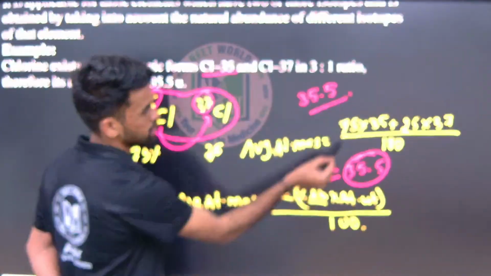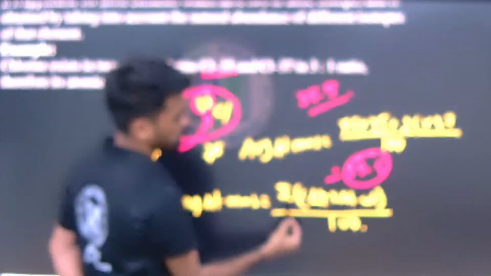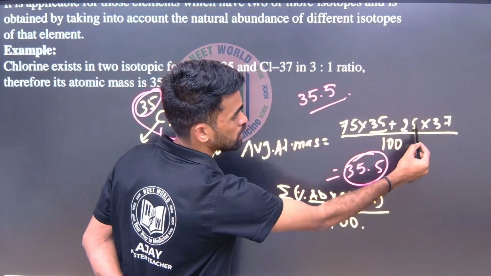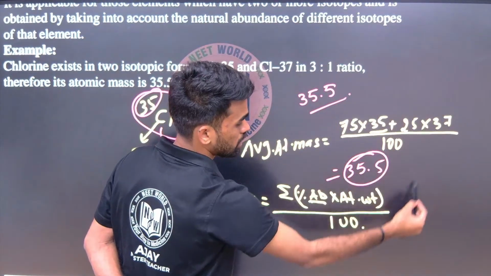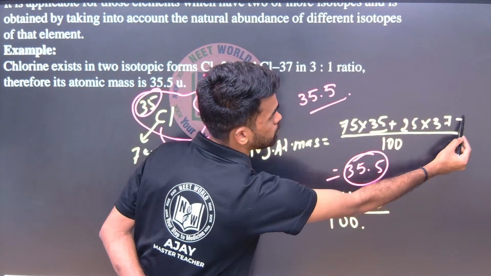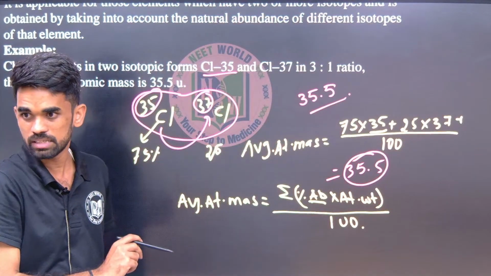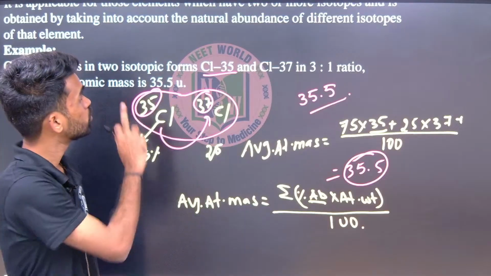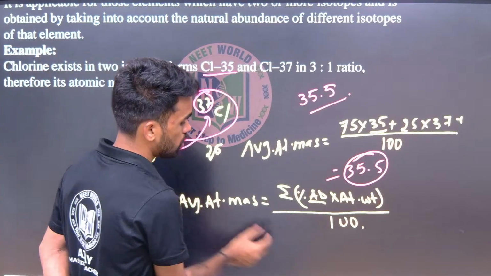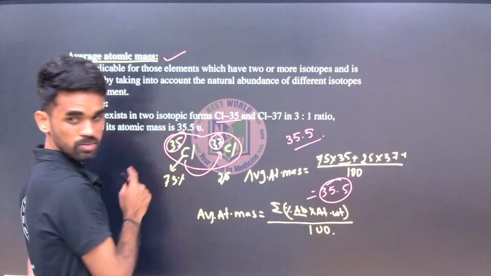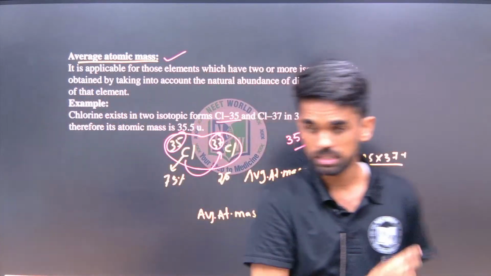Percentage abundance here 75 into its atomic weight, summation means plus 25 into again 37. If any other isotopes are there, again plus, like that; you just add them. Is that clear? Okay. This is how you need to calculate average atomic mass. Clear with this? Next.